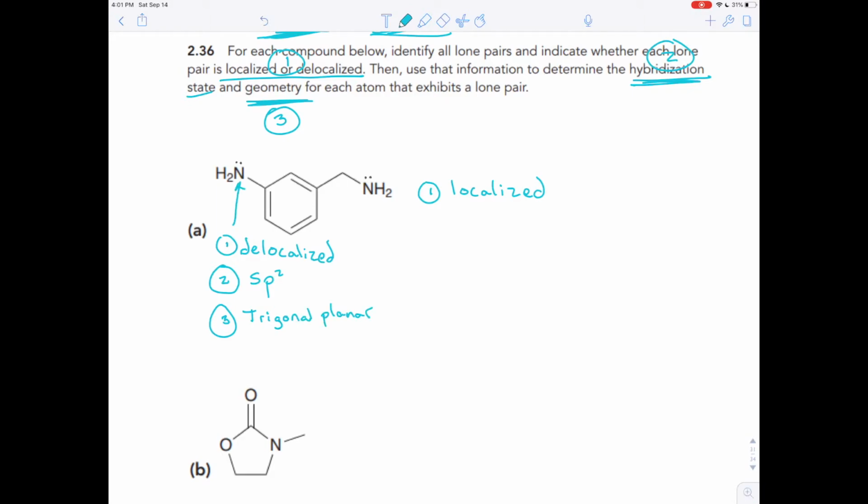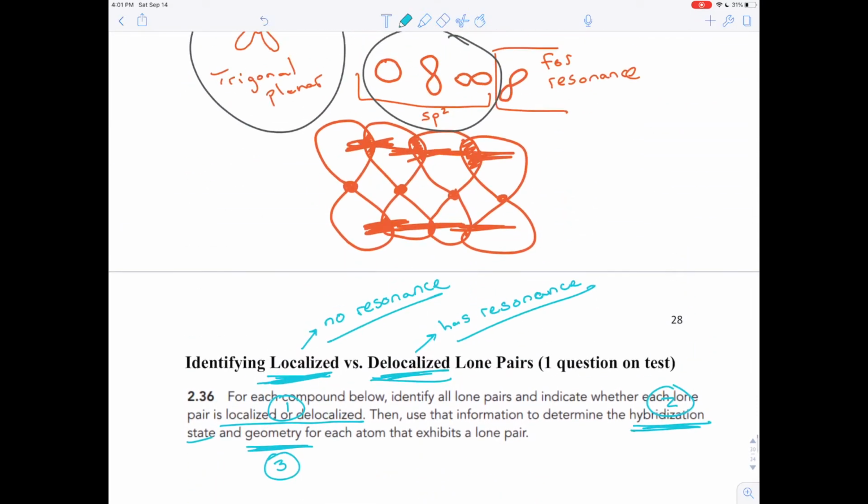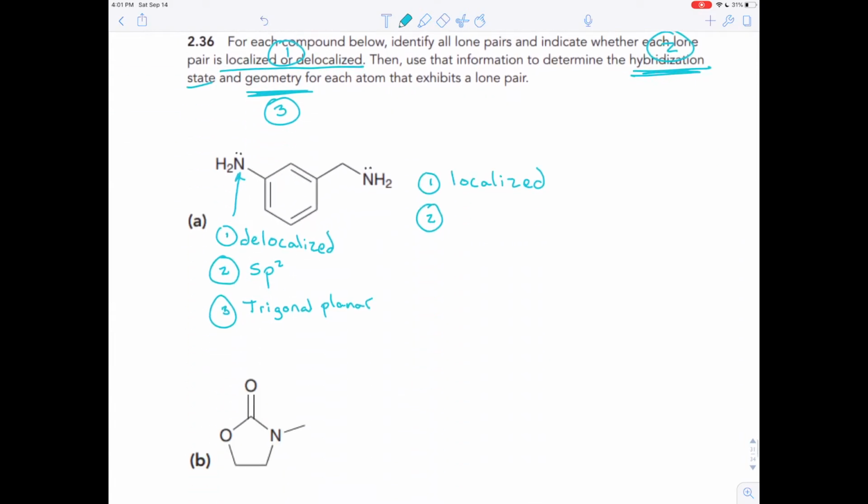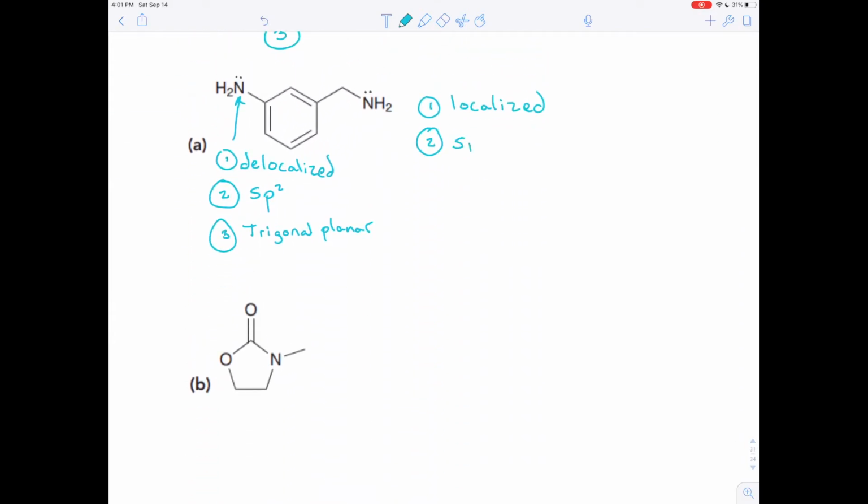That's the shape around that. Now for this other one, those are localized. So that means it's not using any of its p orbitals. So you can mix all three p orbitals together with the s and get sp3. Mix one s with three p's. Now the shape of this, if you look at that nitrogen, it has a lone pair, two hydrogens, that's what this H2 is telling you, and then a bond to that carbon there.